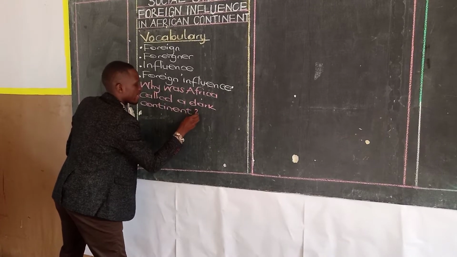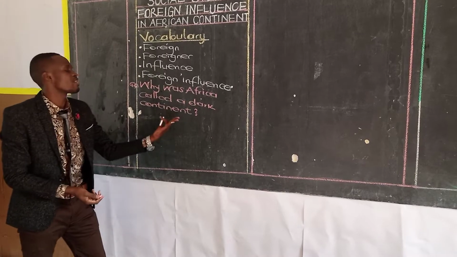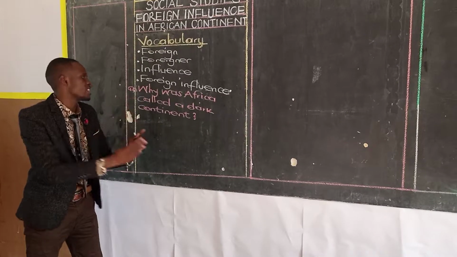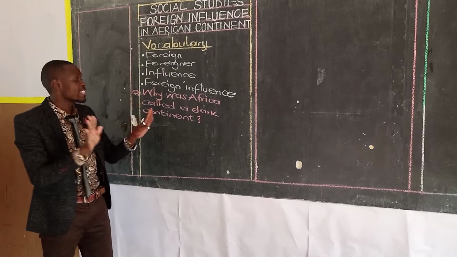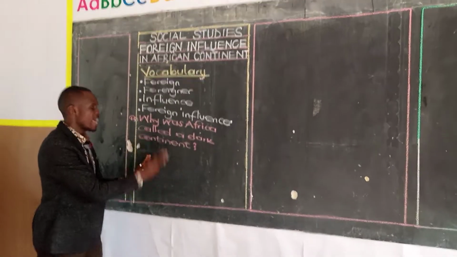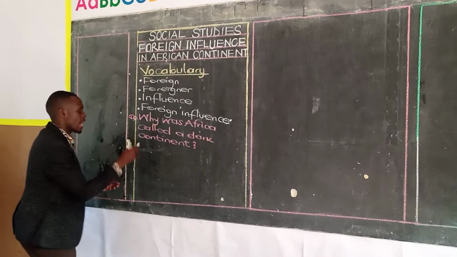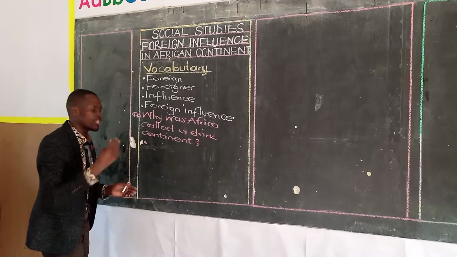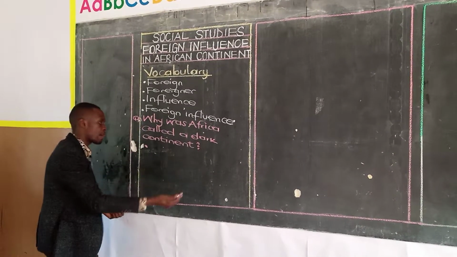Why was Africa called a dark continent by Europeans? So there's basically one reason why Africa is called a dark continent, but you can give it in different responses. One, we can say little information was known about the interior of Africa. Two, you can also say that Europeans did not have much information about Africa.